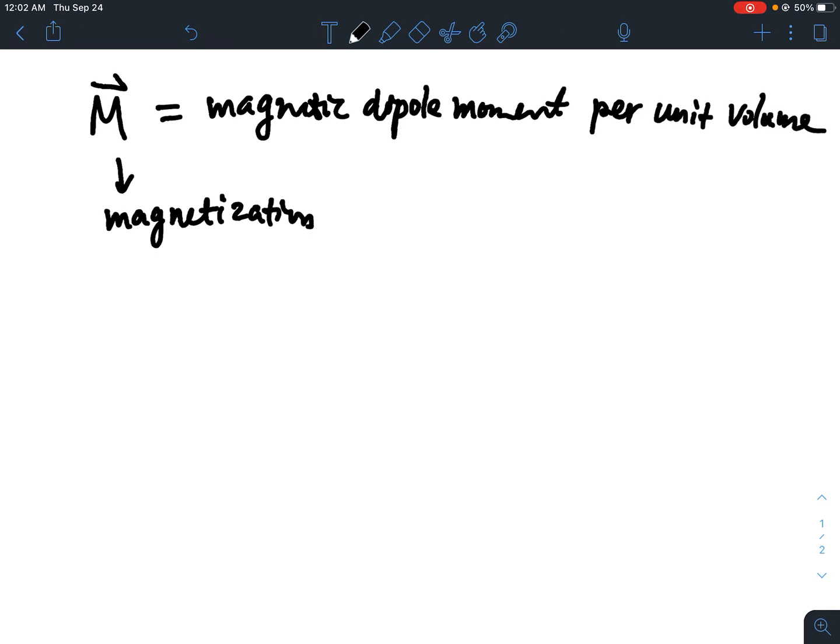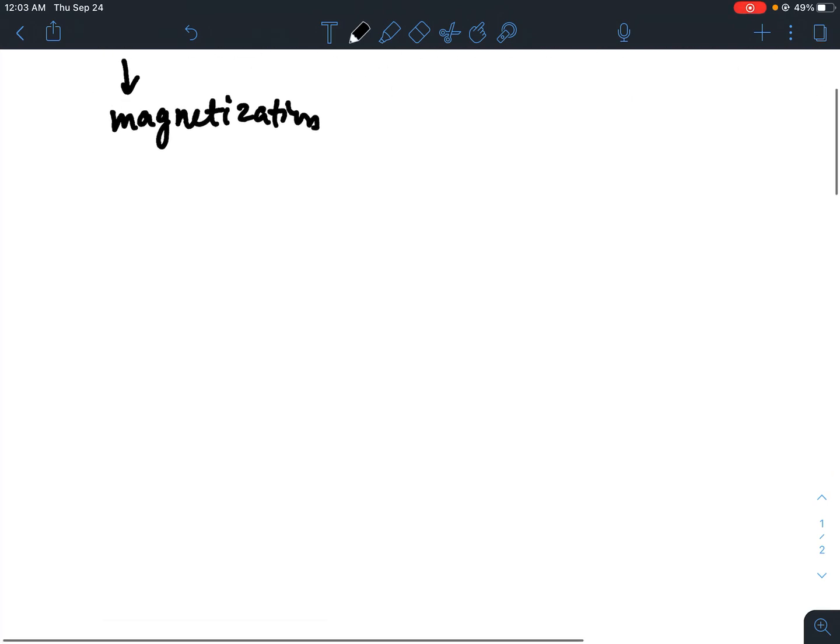For a normal material, even though there are many tiny dipole moments, because of thermal collisions they are aligned in different directions, so on average M equals 0. It's only when a magnetic field is applied that these dipoles tend to align toward the field or opposite to the field, and thus you can have a net magnetic dipole moment per unit volume.